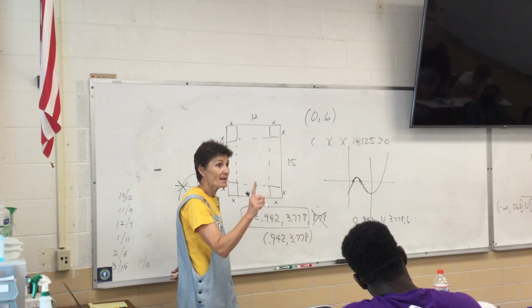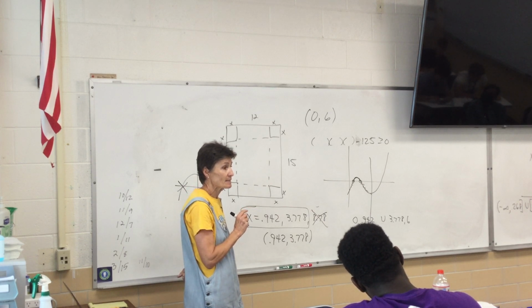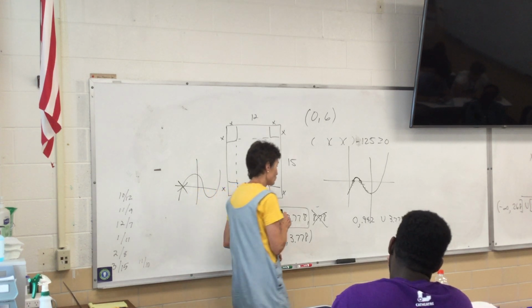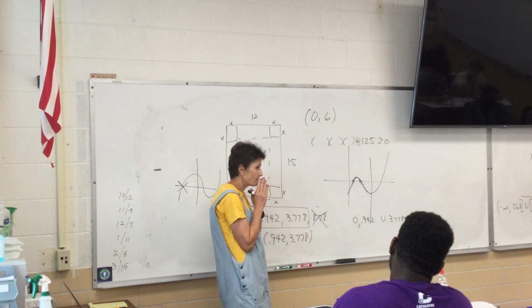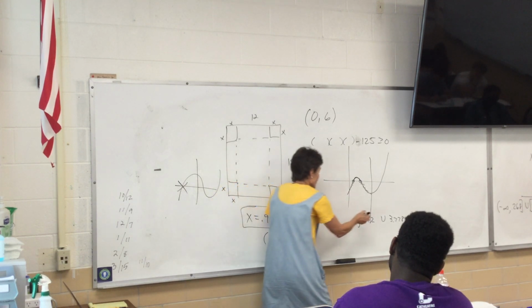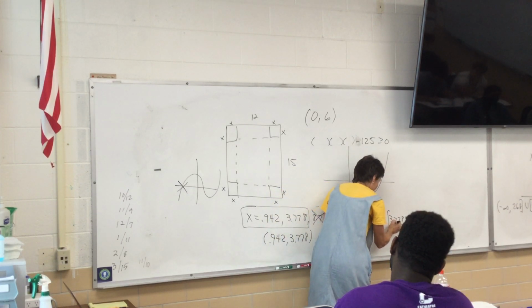Remember, your problem ends at 6. Anything after that doesn't make sense. Now, what kind of symbols do I need here? It was at most 125. So this is gonna be a bracket. This is gonna be a bracket.